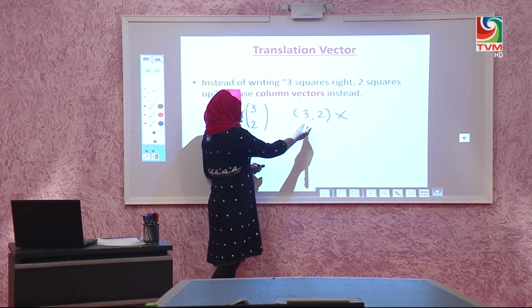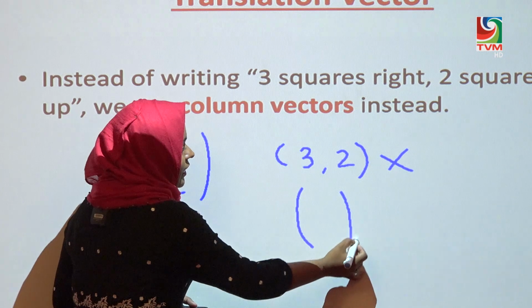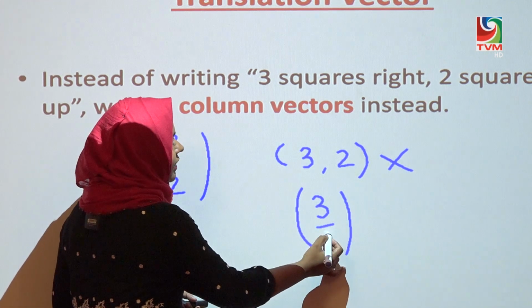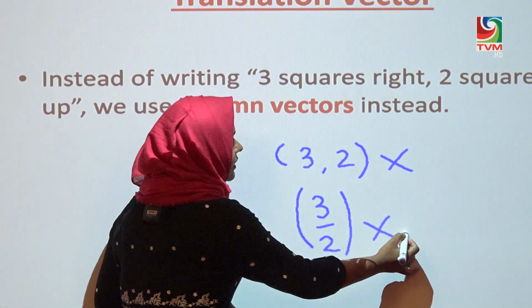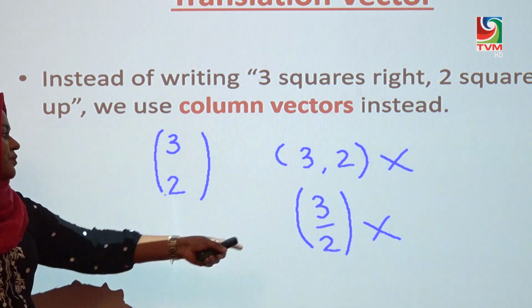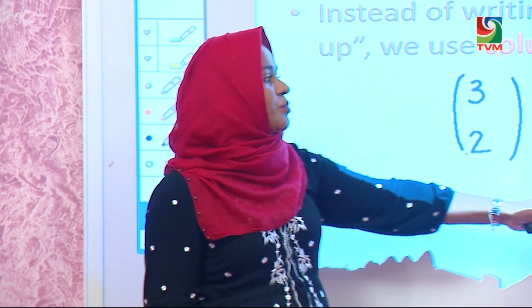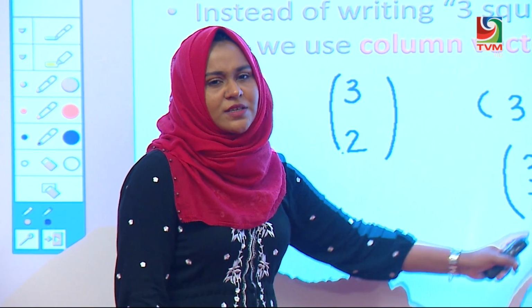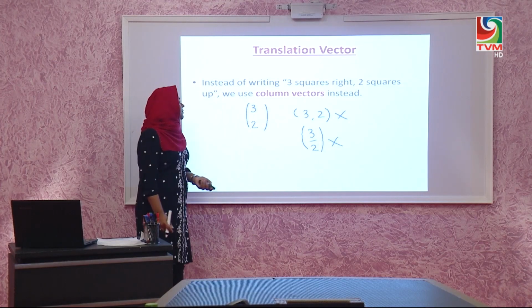Another way students write the column vector is in column form, but write 3 by 2, which will also not be correct, because in math 3 by 2 means 3 divided by 2, which is 1.5. So, these two methods are very common mistakes students make, which is not correct. So, this is how we write a column vector.